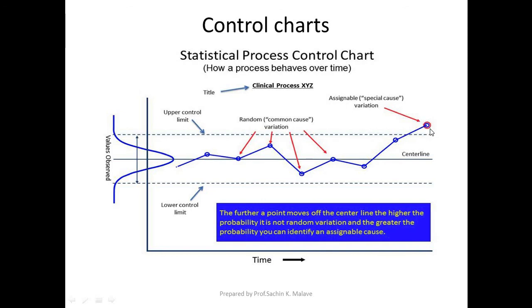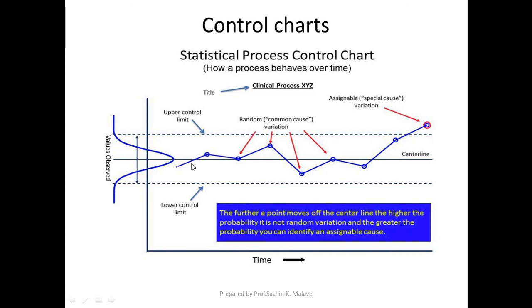This is not acceptable. Now, variations in the process are because of two causes. Variation is there, but there are causes for the variation. There are two types of causes: assignable causes and non-assignable causes, or you can call them random causes.